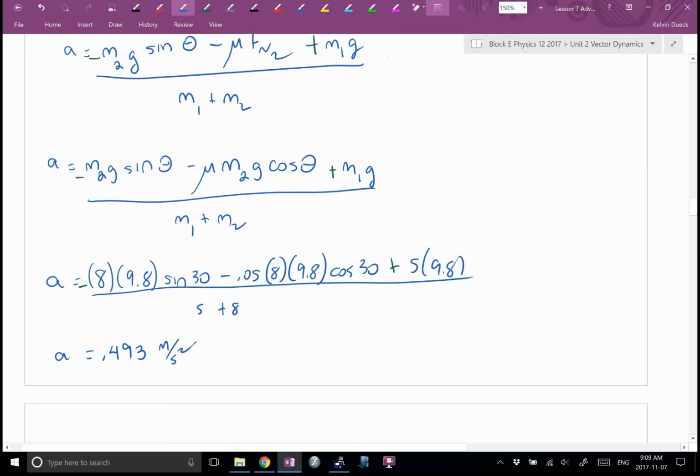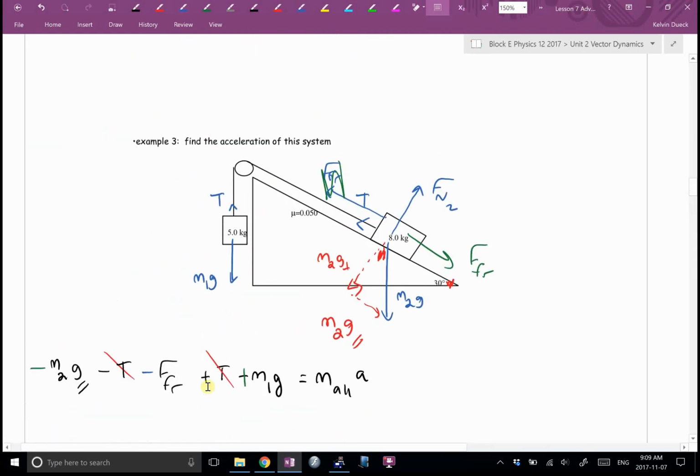And now I can find tension. Which mass would I use to find tension? Oh, you cleared it. Oh! Have I taught you nothing? You never clear things. Which mass would be way easier to use to find tension? The 5. What's the equation for the 5? Which way is the 5 accelerating? Down or up? Down. Now we know it's accelerating down. So what's my equation for tension?